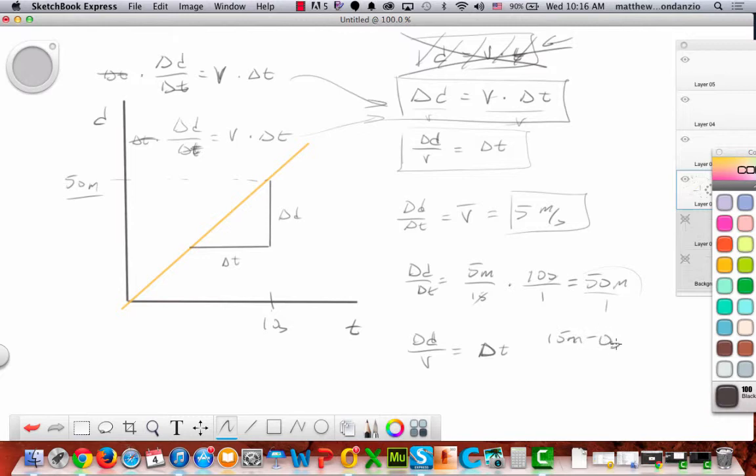So 15 minus 0 meters over my velocity, which is 5 meters per second, equals my delta time. Well, that's just like saying 15 meters, because minus 0 is 15 meters, times 1 second over 5 meters, right? And my meters cancel, giving me what? 3 what? 3 seconds.